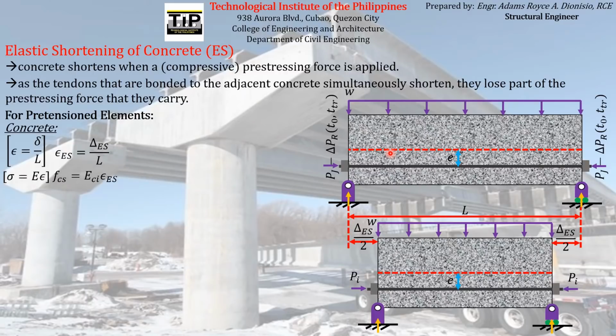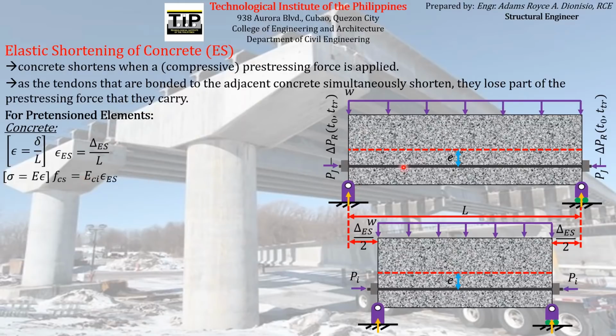Because for pretensioning, usually the pre-stressing force is transferred to the concrete even before the concrete attains its 28-day compressive strength. Since we know from the previous discussions that modulus of elasticity depends on the compressive strength of the concrete, a different compressive strength means a different modulus of elasticity.